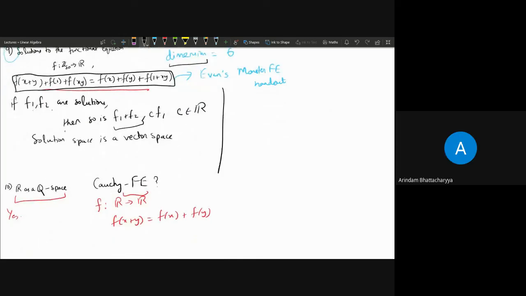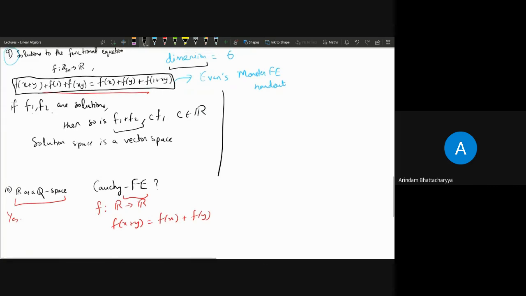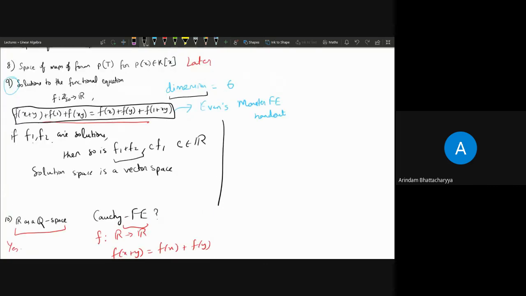So one of the ways of getting an intuition for solving this problem is to figure out what the dimension is, and the dimension is actually 6, but it's a rather famous problem. You can check it out in Ivan's monster handout, and he explains why.